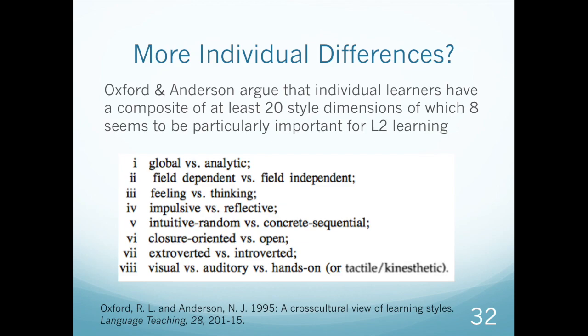For example, you will see in this publication, which is from 1995, that there are sets of learning styles which are in fact probably pairs of opposites: global versus analytic, field independent versus field dependent, etc. So I invite you, if you are interested in learning styles, to explore this publication and to look at some of the referenced work, which could actually point you to other works as well.